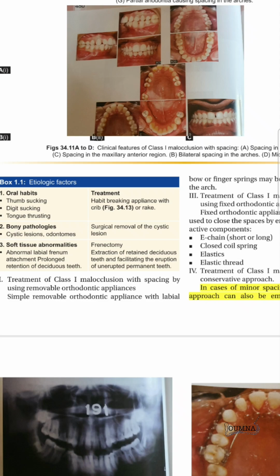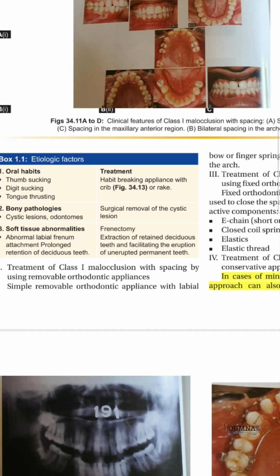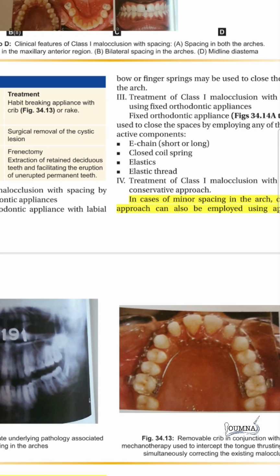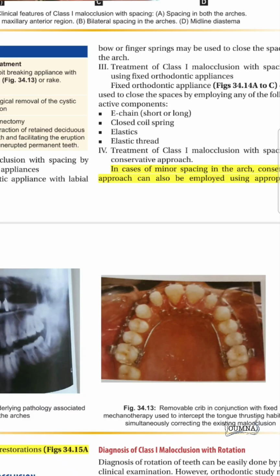The treatment of spacing is to remove the oral habit using a removable orthodontic appliance like this one that is used to intercept the tongue thrusting habit and correct the existing malocclusion.